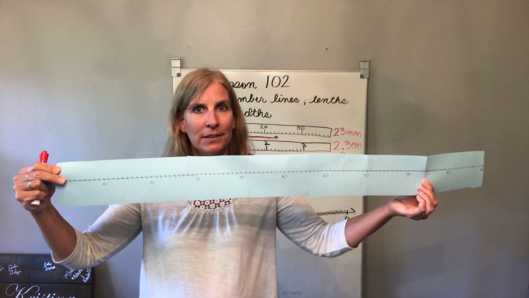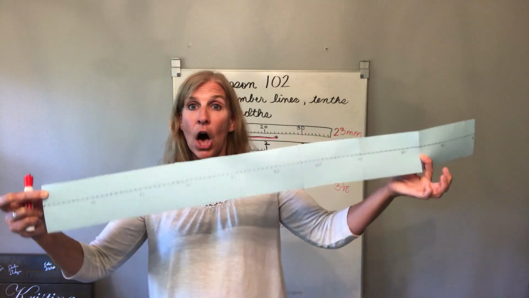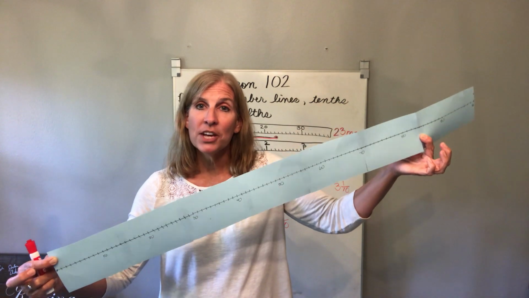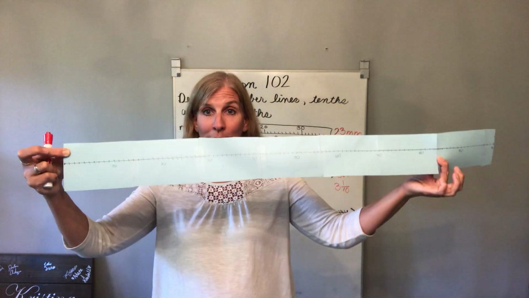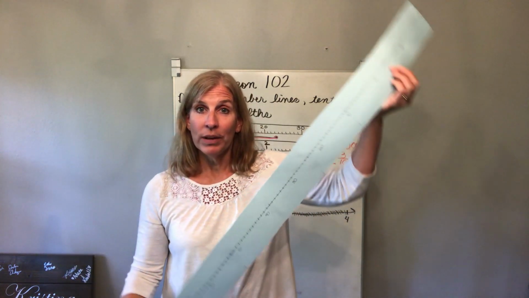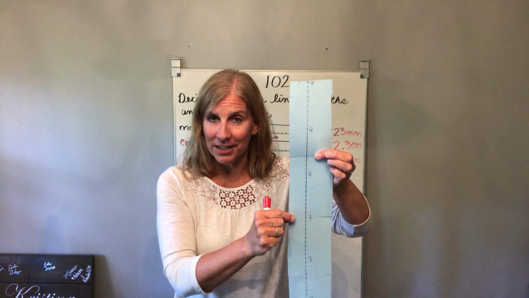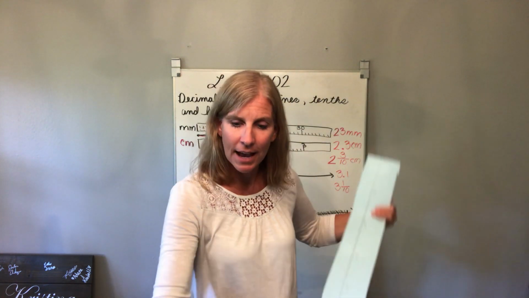Who remembers? 100. So this is 100 centimeters. So if we were measuring Santiago, it would take this whole meter stick, and then we'd have to count up to 62 more centimeters to come up with 162 centimeters for his height.